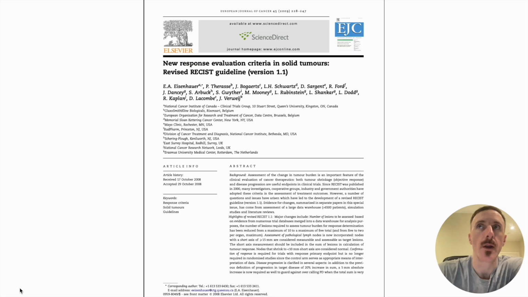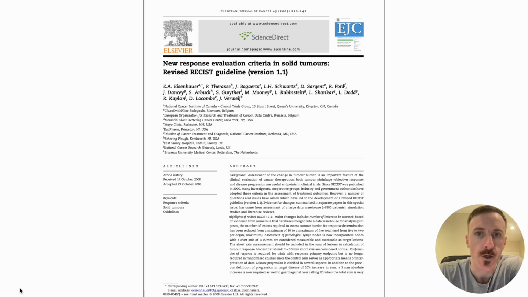The RECIST guidelines were first developed in the year 2000 by an international collaboration that included the European Organization for Research and Treatment of Cancer, the EORTC, the National Cancer Institute of the United States, the NCI, which you'll probably come across when you're writing papers, and the National Cancer Institute of Canada Clinical Trials Group, the NCIC CTG.